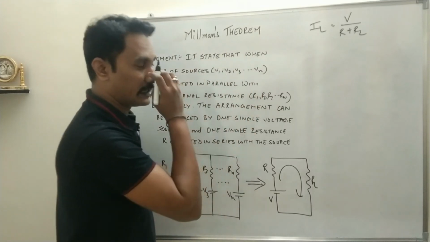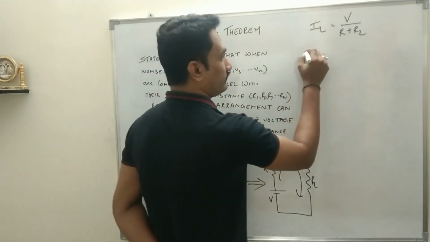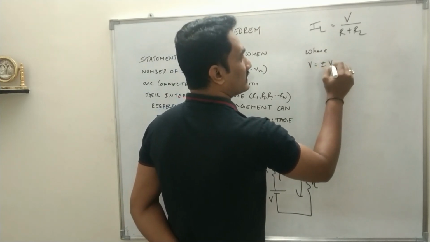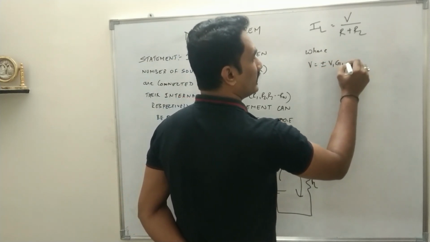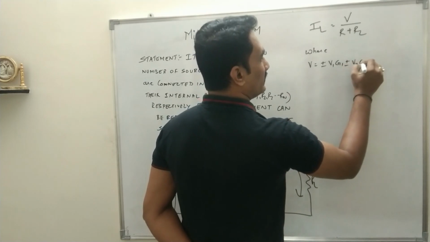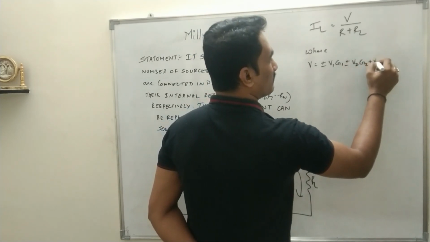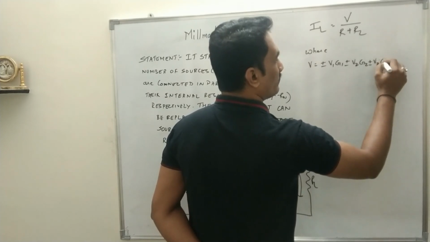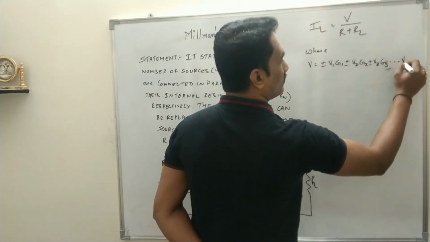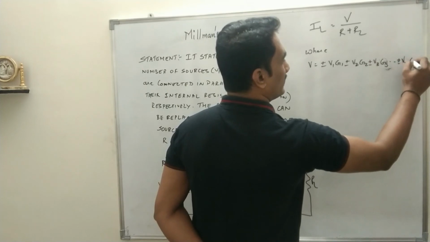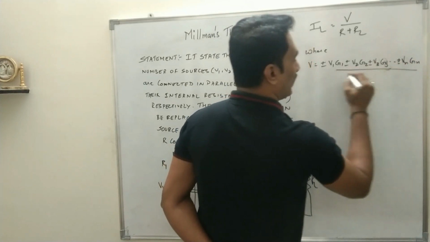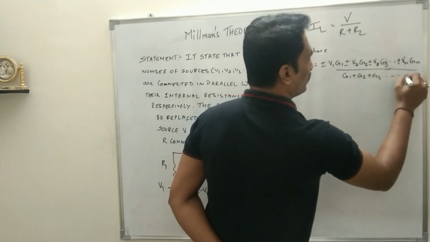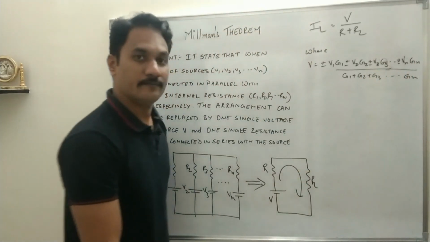So that is how you can calculate the load current, where V is plus minus V1 into G1 plus minus V2 into G2 plus minus V3 into G3 up to plus minus Vn into Gn upon G1 plus G2 plus G3 up to Gn.